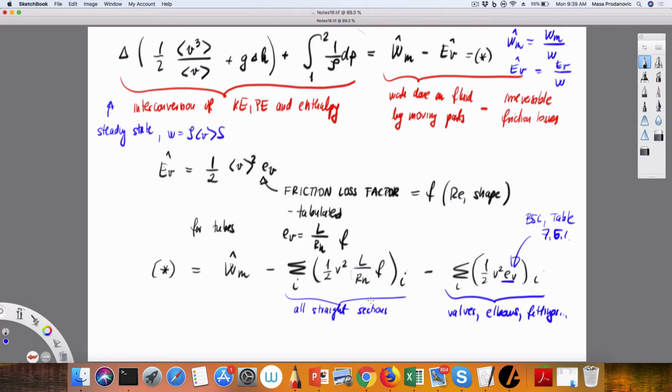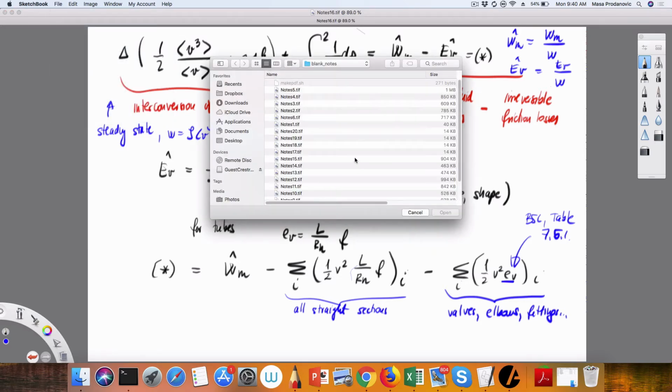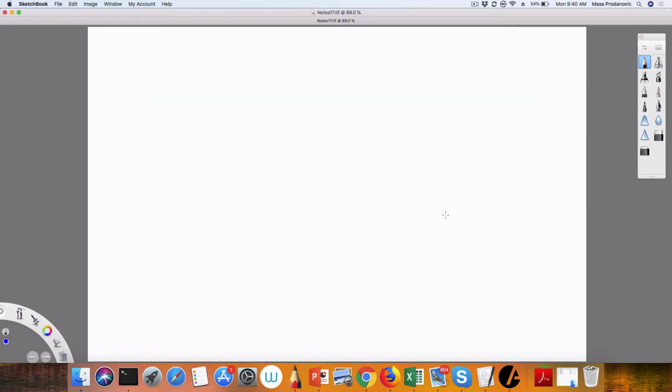So let's actually do an example. This is example 7.5-1. So we have the following system.